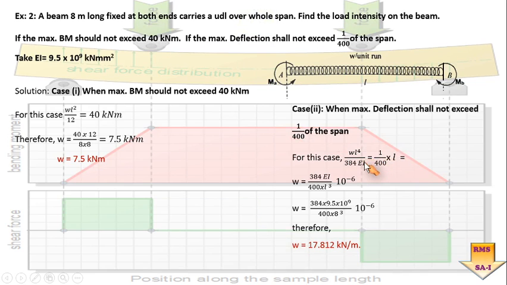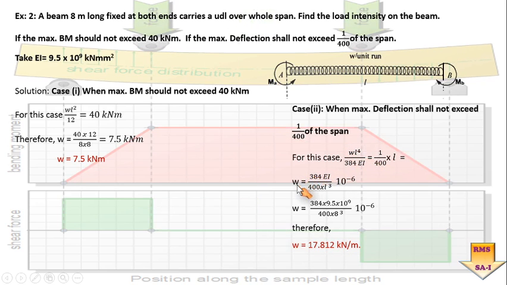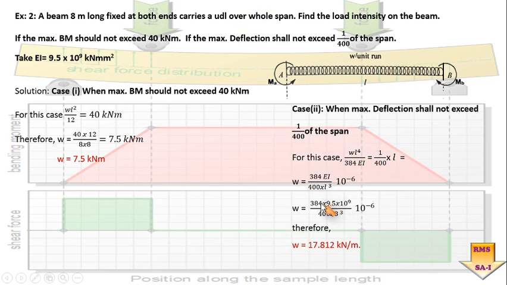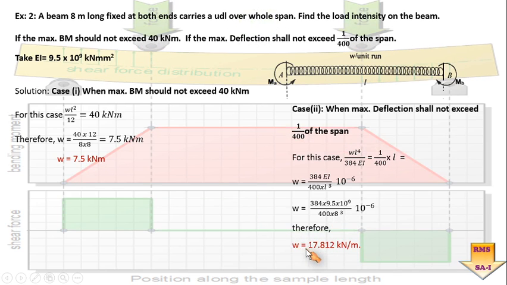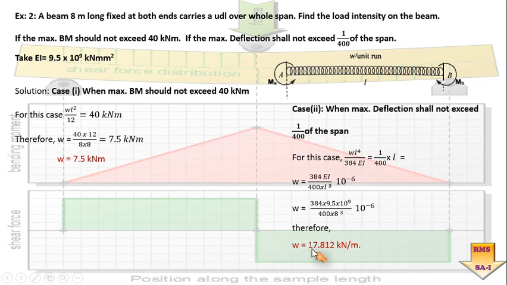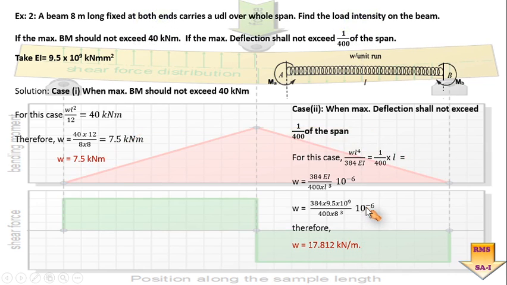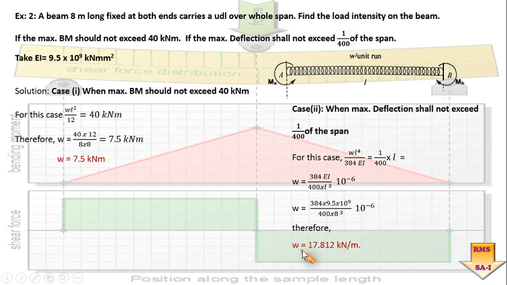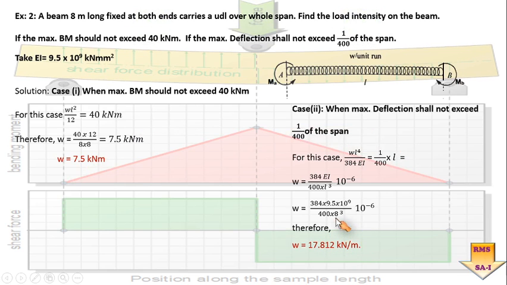So by putting the values in this equation, we shall be able to get the value of intensity for this specific condition. Putting the values and simplifying, I'll have the intensity of the UDL equal to 17.812 kilonewton per meter. So here please make the correction to this 7.5 kilonewton per meter, and this W is equal to 17.812 kilonewton per meter.